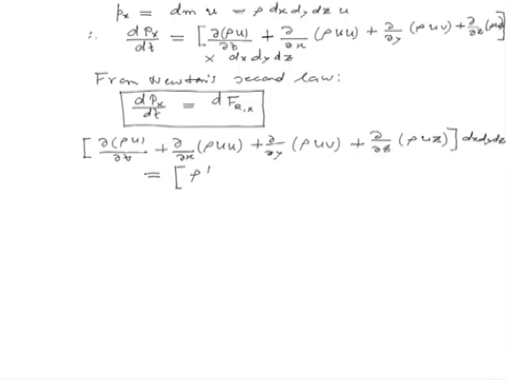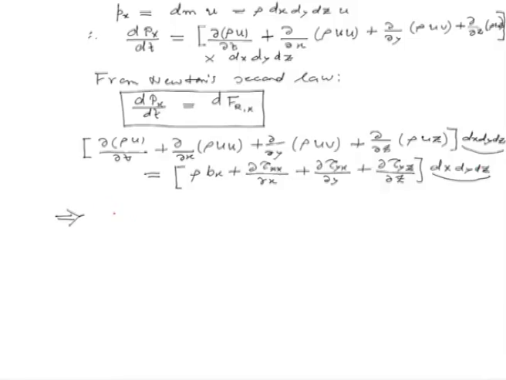This is equal to our first term, rho bx plus del tau xx over del x plus del tau yx over del y plus del tau zx over del z, multiplied by dx dy dz. We can divide by this volume of differential element dx dy dz, and thereby we get this x momentum equation.